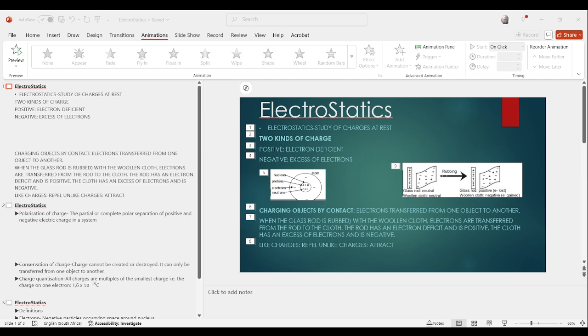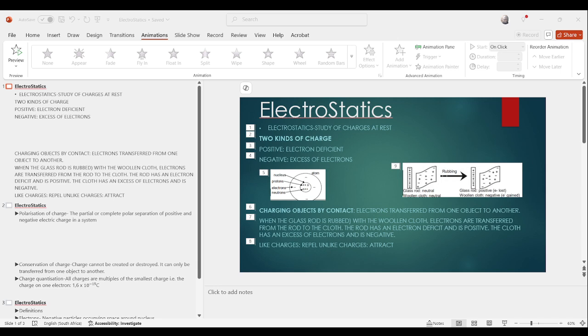There's another phenomenon that occurs when an object is neutral. Like I said before, if you put two neutral objects together, those two objects will neither attract nor repel. The reason is that there is an equal number of electrons and protons.